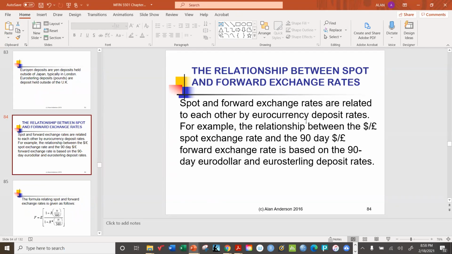So you can see down here, the relationship between the dollar and the pound spot exchange rate and the 90-day dollar pound forward exchange rate is based ultimately on the 90-day euro dollar and euro sterling deposit rates. Again, they were previously known as LIBOR. Now they're going to have specialized names. But the bottom line is these are risk-free rates of interest, more or less, that have the same maturity as the forward exchange rate, in this case, 90 days.